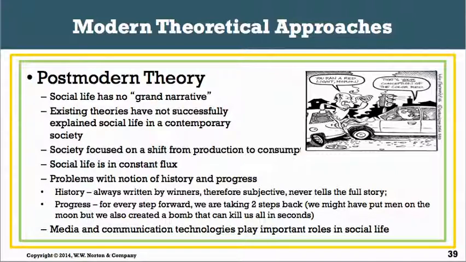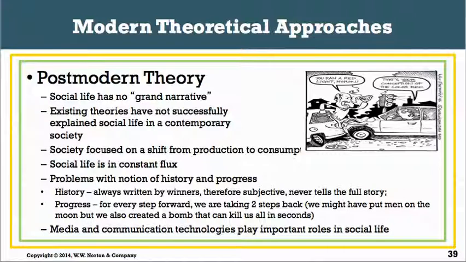So Marx used to say that, you know, we're moving from feudal societies to capitalist societies, and then to socialist, and then we're gonna have communism, and everything's gonna be great. That we're moving forward in some way. We're moving towards something better. Postmodern theory does not really look at the world that way. They argue that existing theories have not successfully explained social life in contemporary society.